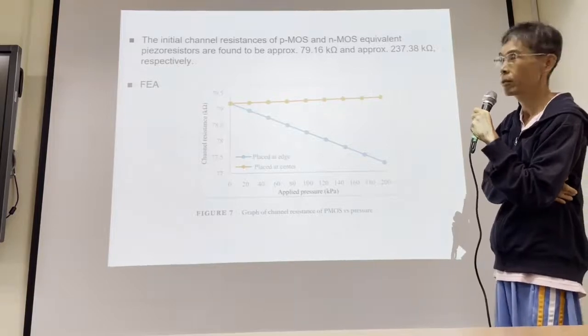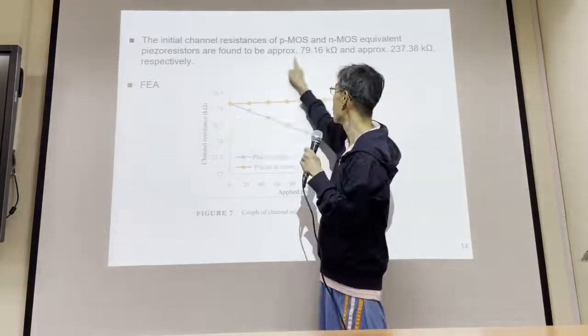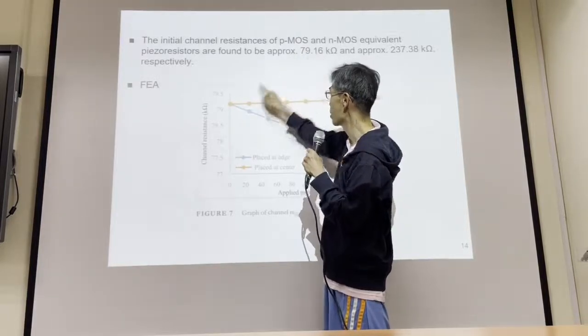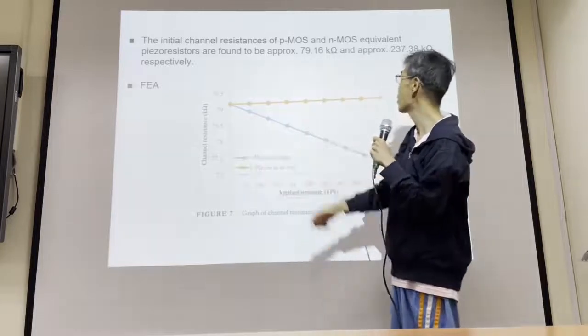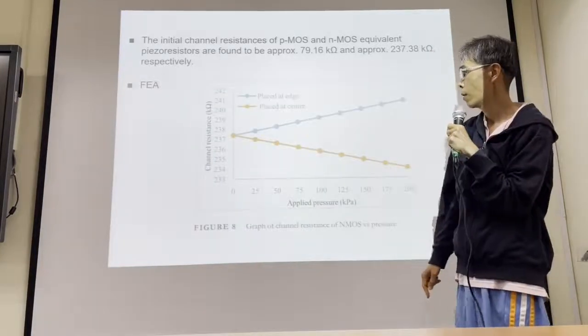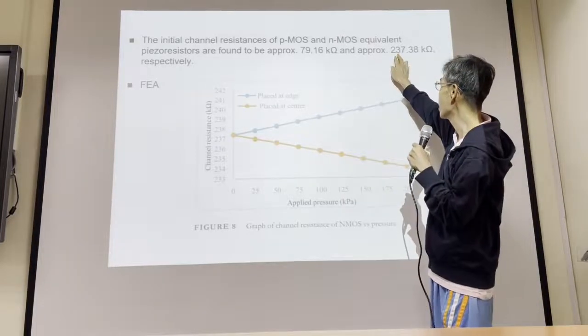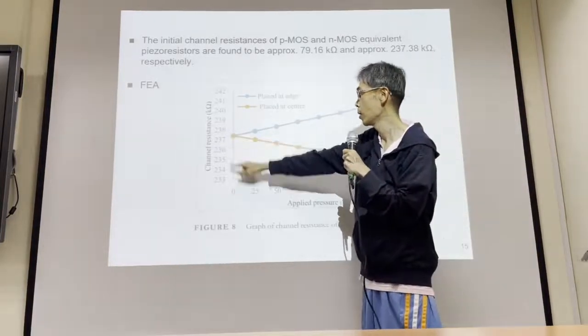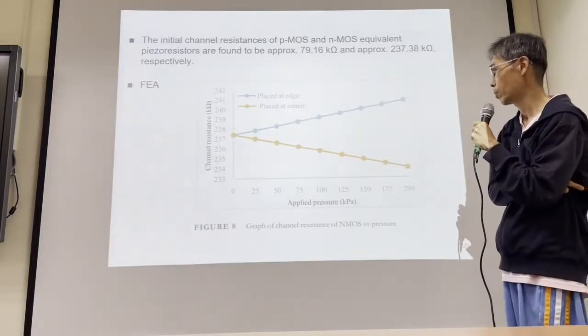Okay, thank you. For PMOS, the initial resistance is 79.16 k. Next, for NMOS, the initial resistance is 237.38 k.